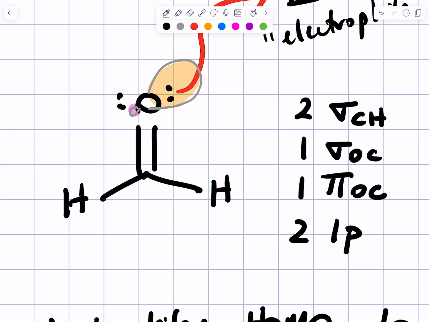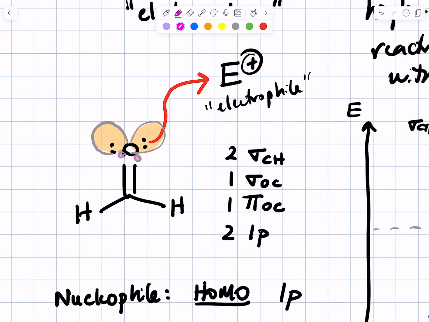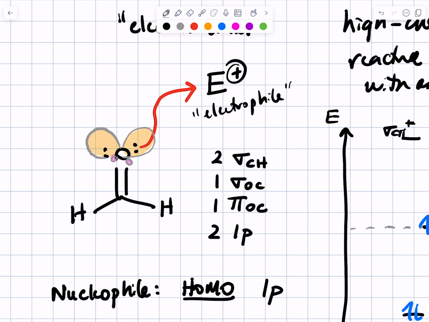Some people draw these as what they call rabbit ears orbitals. Oh, it looks like a cute bunny. It's a stretch, I know, but that's how people draw an sp2 hybridized orbital that holds a lone pair.